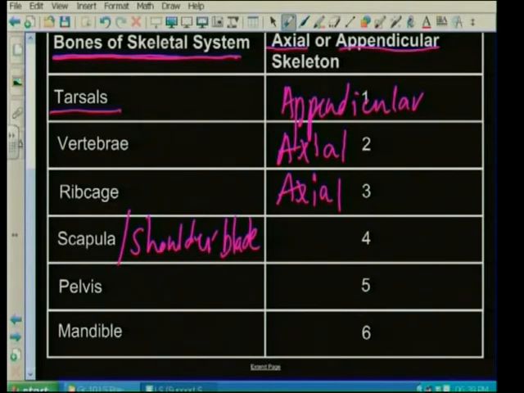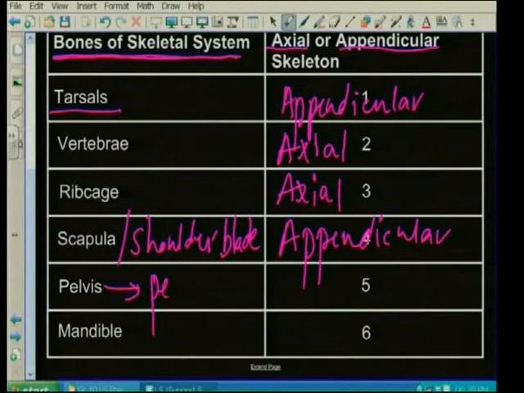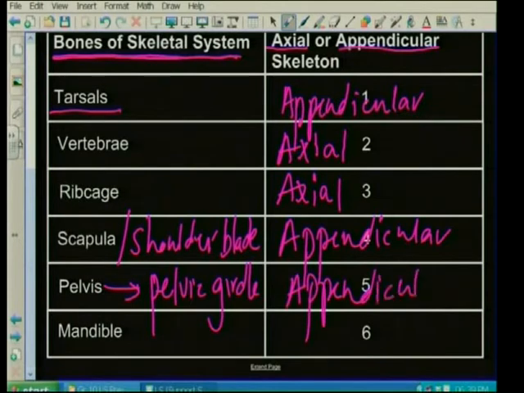And the scapula is found in the pectoral girdle, and if it's found in the pectoral girdle, it would be appendicular skeleton. The pelvis is formed as part of the pelvic girdle, and therefore it is also part of the appendicular skeleton.